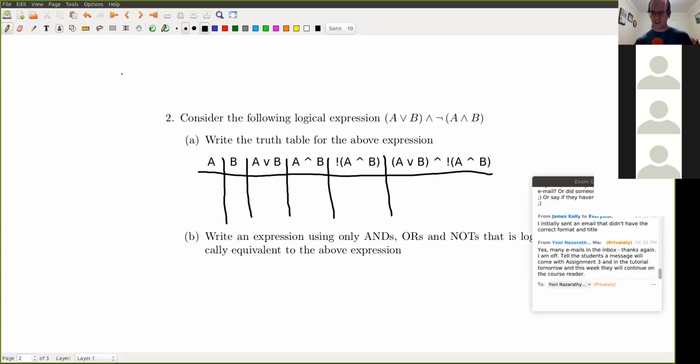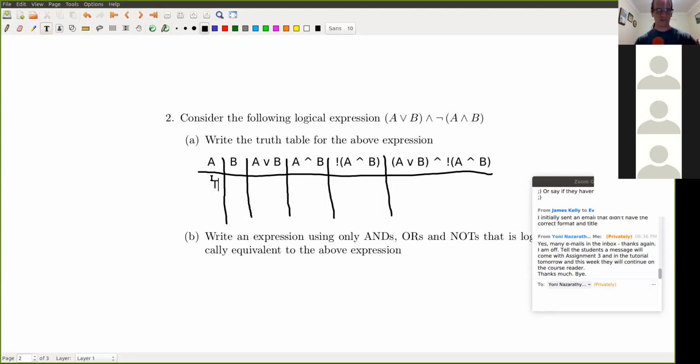Cool. Okay, so we keep going. So we're going to go the truth values of it, all the different possible values of this.